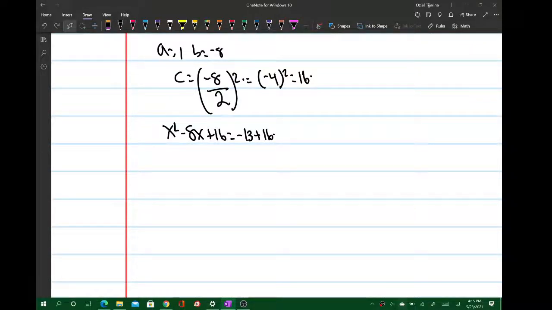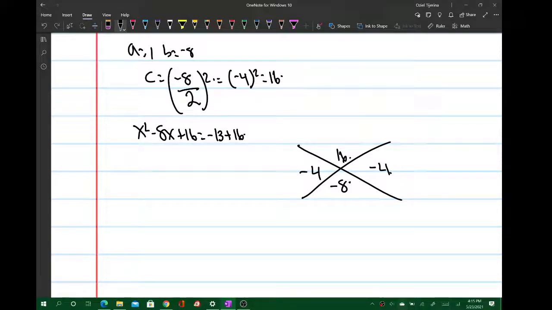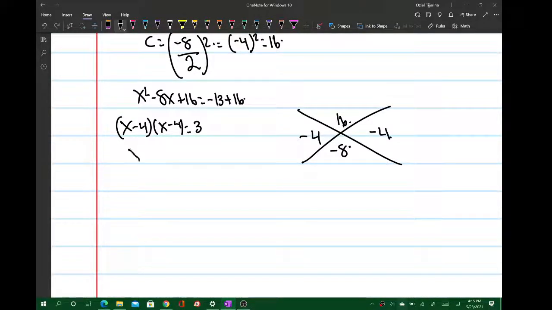And then we have, this is a perfect square trinomial. If you factor it, you get 1 times 16, and you get negative 8. Two numbers that multiply to 16 and add to negative 8 are negative 4 and negative 4. So then you would say x minus 4 times x minus 4 equals 3, right? You can turn this into a square term: x minus 4 quantity squared equals 3.